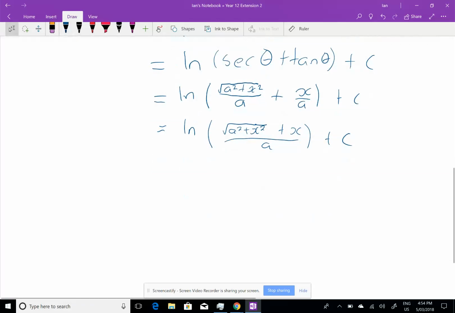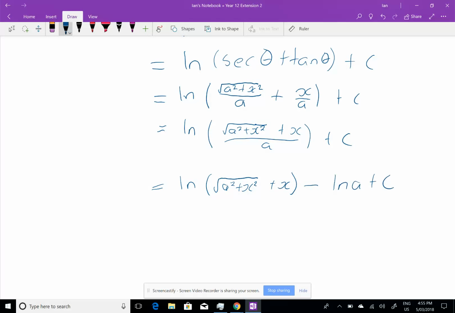Now remember our log laws. That then just becomes a subtraction. So ln root a squared plus x squared plus x, minus ln a, plus a constant.